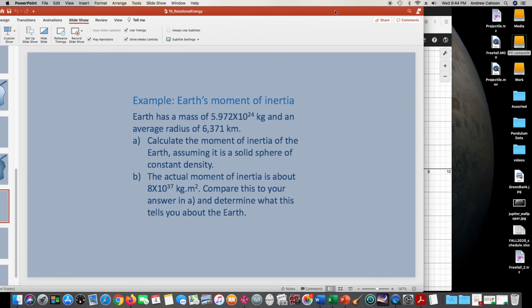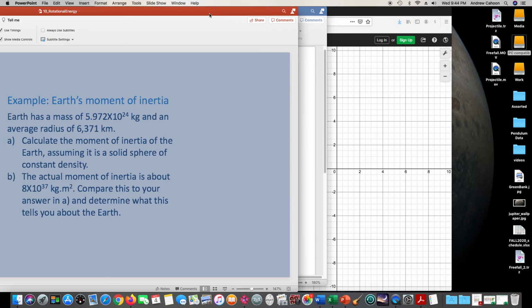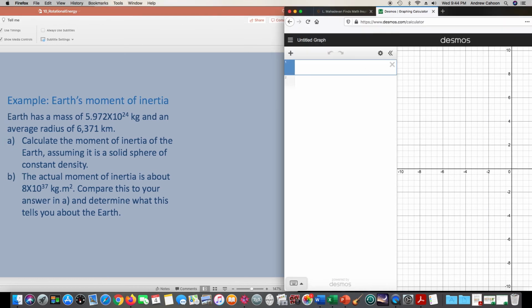So let me slide this over so we can still see the numbers. And let's do the formula. 2/5 m is 5.972 times 10 raised to the power of 24, and then r squared. R squared is 6,371 kilometers.